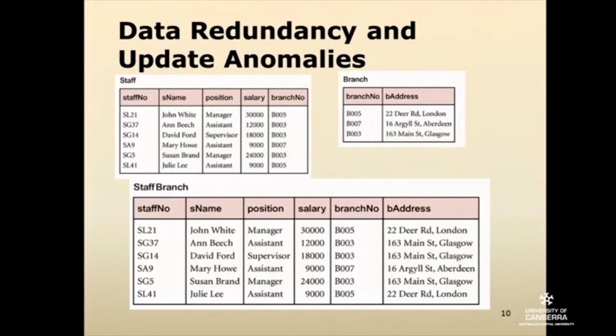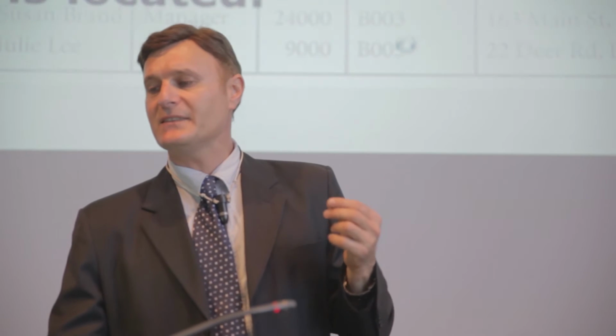We just delete the first row, and that's a B005, and all details are deleted. But in the table below, we have to do 2 deletions, because this B005 appears twice in here. You see that? So insertion, deletion, and modifications are the problems that you will have with redundant data.